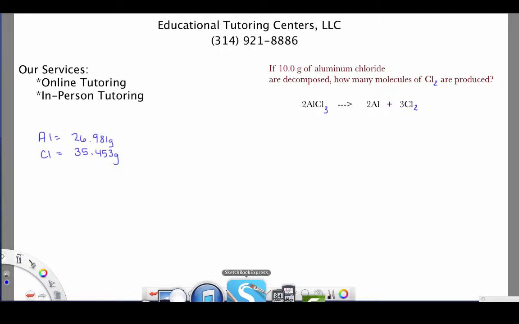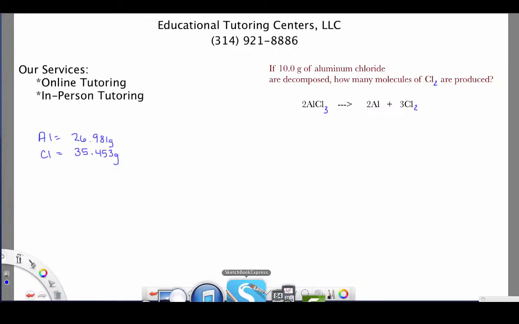The concept that we're working on is the application of stoichiometry in a chemical reaction. So let's look at this question here. It says if 10.0 grams of aluminum chloride are decomposed, how many molecules of Cl2 are produced?